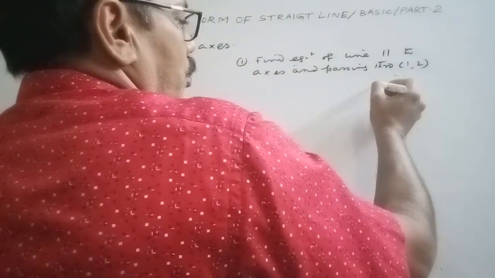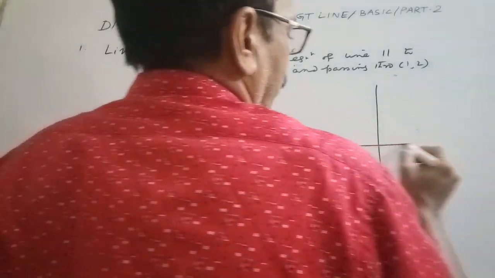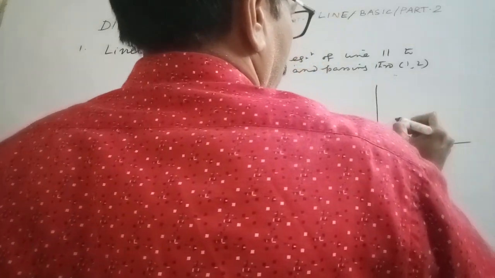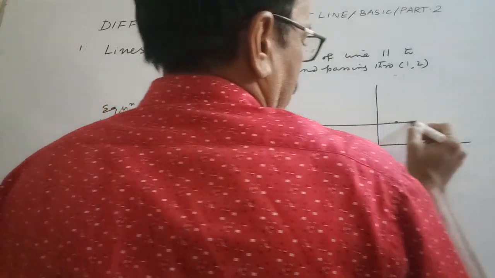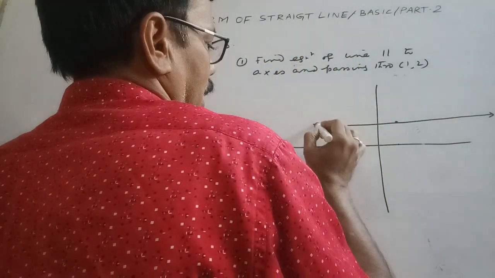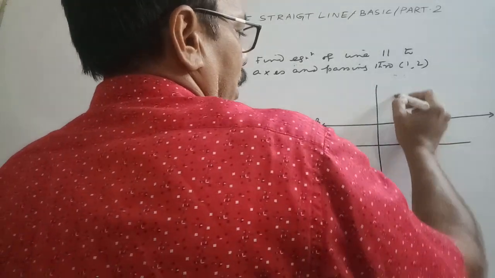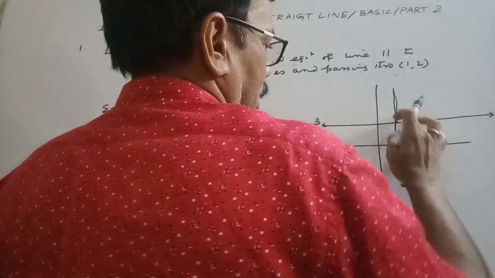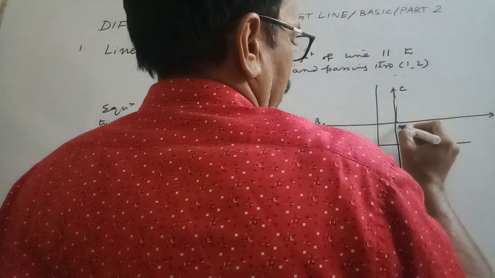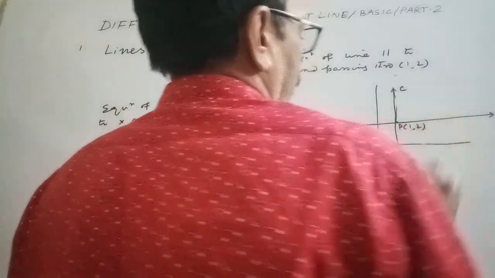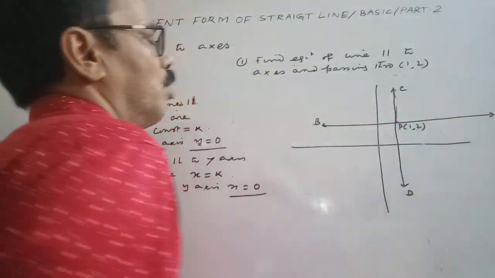Now if we draw the graph, this is 1, 2. Parallel to x-axis, this is AB. You get a unique line, and another one is CD. When one condition is given, this is P (1, 2). So you are getting two lines.